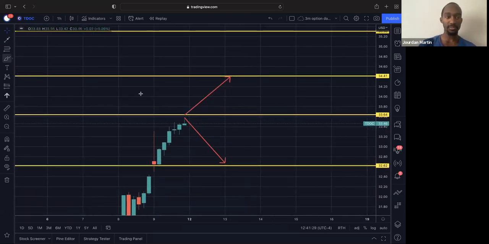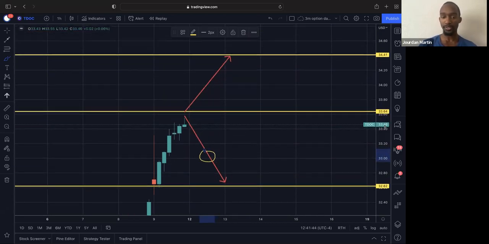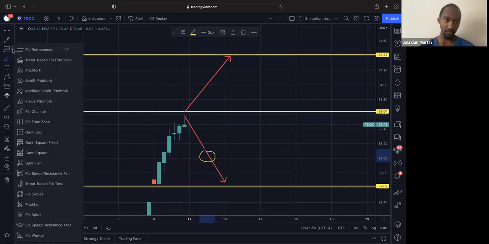Because if our stock is sitting right here, it's still going to go either back to this level or back down to this one. But your odds, when you're looking at your risk to reward for these trades, it's not worth it to buy it in the middle where it can go up here or down here. You want to get in up here if it's going to come down here, right?